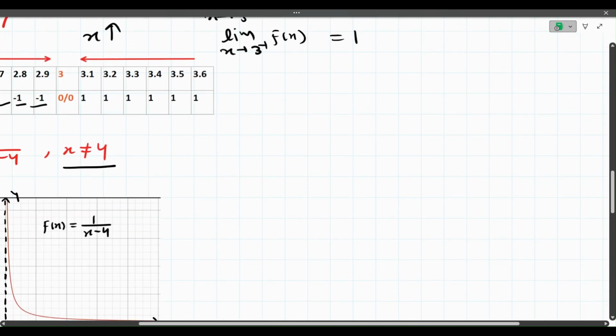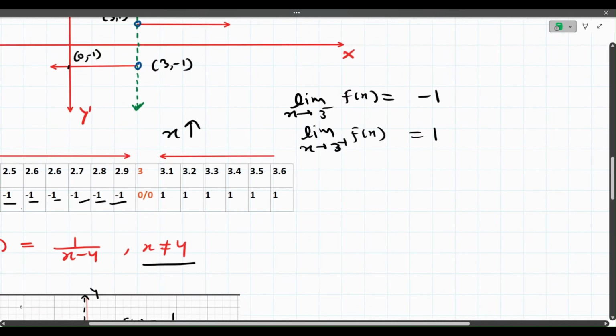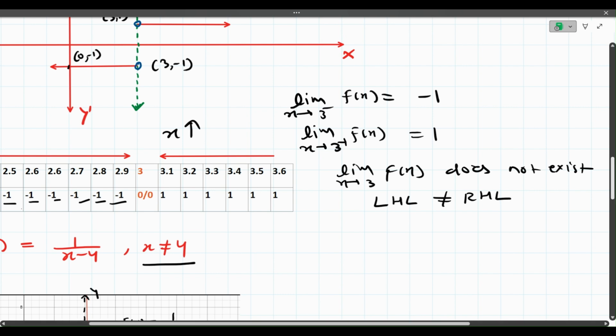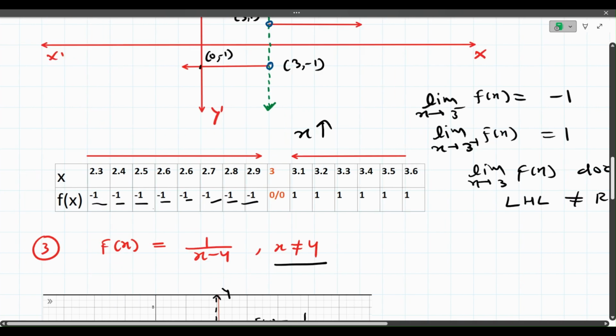So we can say that the limit does not exist for this particular value, limit x tends to 3 of f(x) does not exist. And the reason is that the LHL, the left hand limit, is not equal to the RHL, the right hand limit.